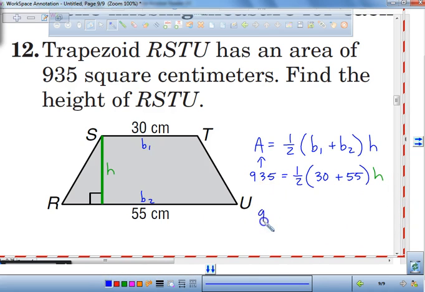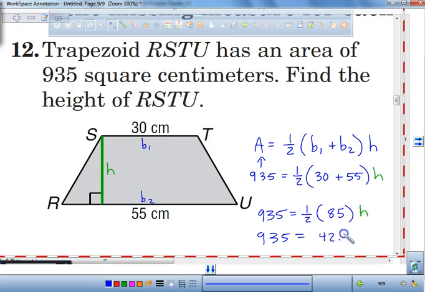So 935 square centimeters, that stays the same. We have half of, I heard y'all add that together, that's 85. Very good job with it. There we go. Times the height. Now you could take half of 85 if you wanted to, all right? Or you multiply both sides by 2 if you wanted to, you do that. What is half of 85? 42.5.